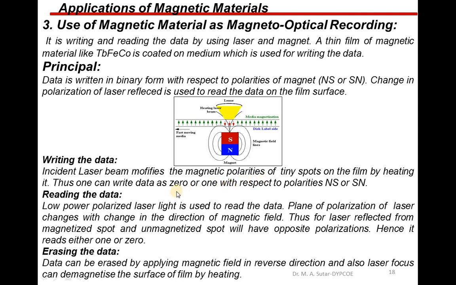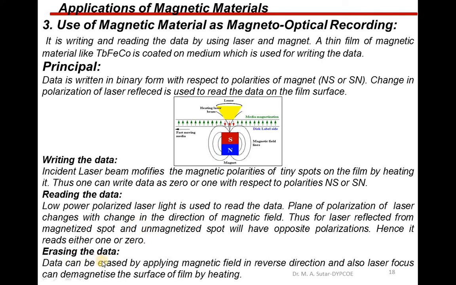So whenever you want to write 0 or 1, you can have the polarities NS or SN. Reading the data. Data can also be read by making use of this laser light. So the polarization of this magnetic atomic magnets can be understood just by using this laser light.